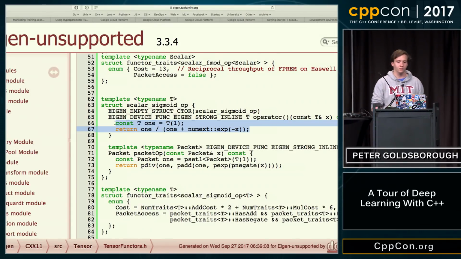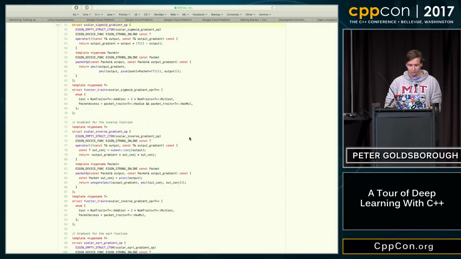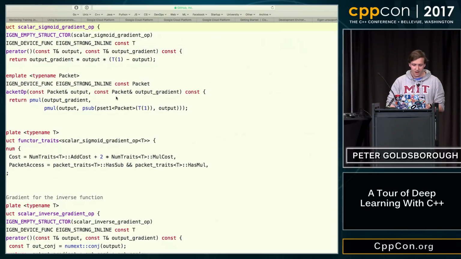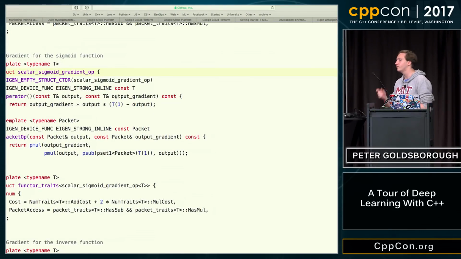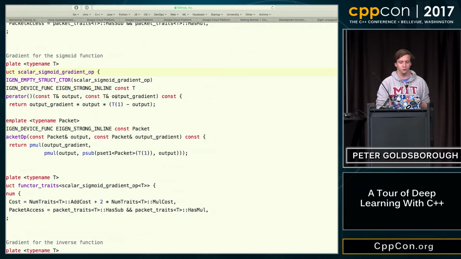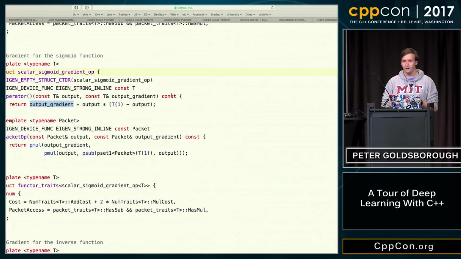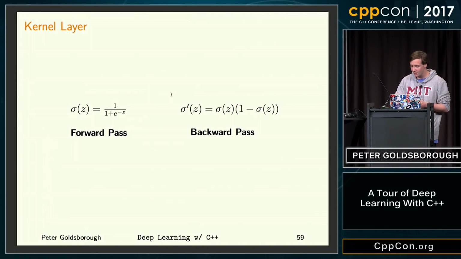It's 1 over 1 plus e to the minus x. And if we want to look at the backward pass, this is now in TensorFlow itself, just again to give you a taste. Usually for the optimization, we need to define the chain rule, which multiplies two derivatives. So the output gradient would be one of the derivatives, and here is the one we're calculating ourselves, which is sigma at z times 1 minus sigma at z. So this is a taste of the forward and backward pass of a kernel.